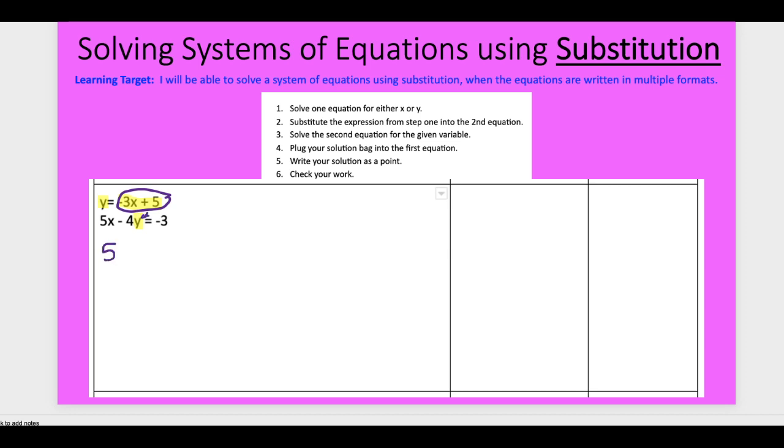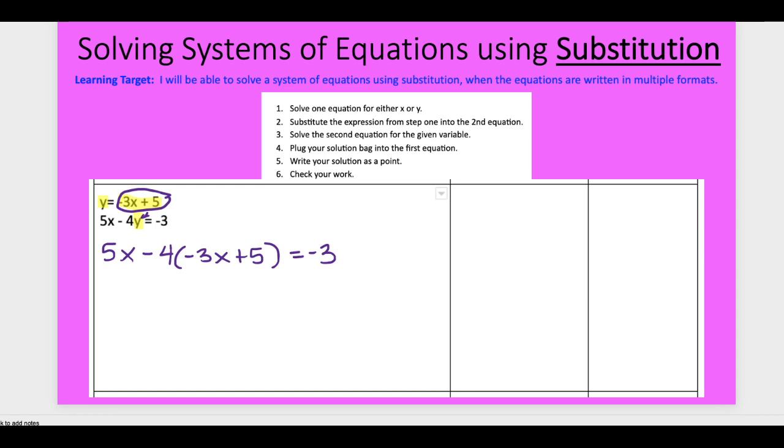So I'm rewriting the second equation, 5x minus 4 times, but instead of writing y, I'm going to take that entire expression from the first equation and plug it in, because we know that is equal to y, equals negative 3. The reason I did that is because now I have an equation with just one variable, and that variable is x. So I can solve the equation to find what x is equal to.